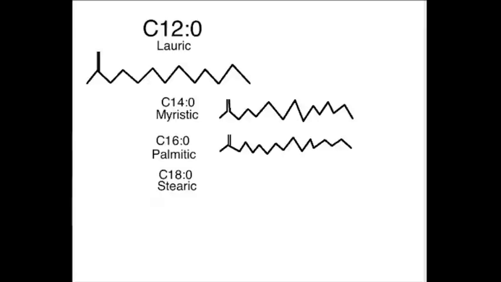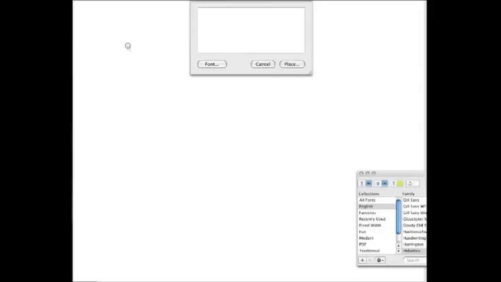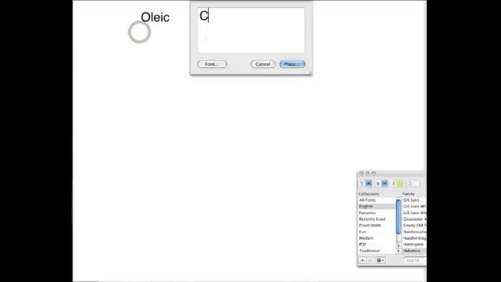So now into more interesting ones, basically with double bonds. This one's kind of like a little family. The first one is oleic, and this one is C18:1.